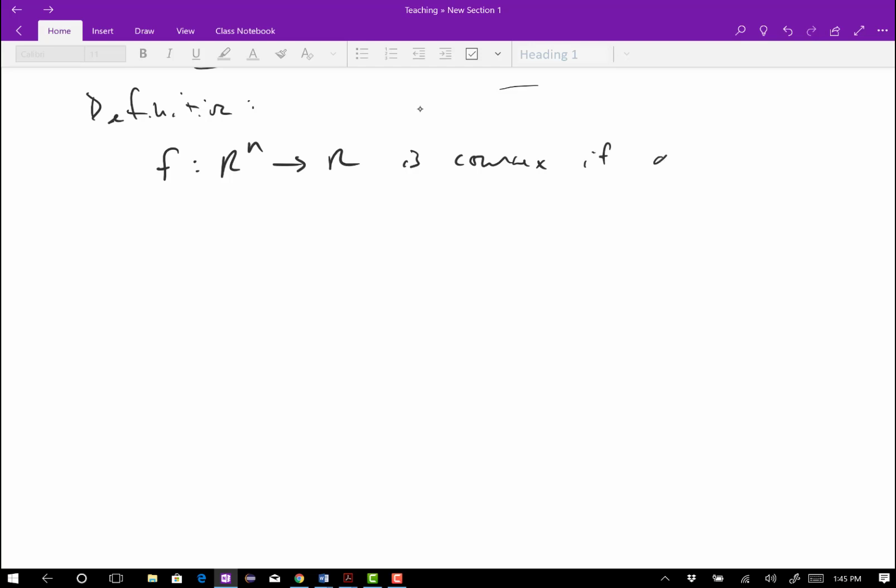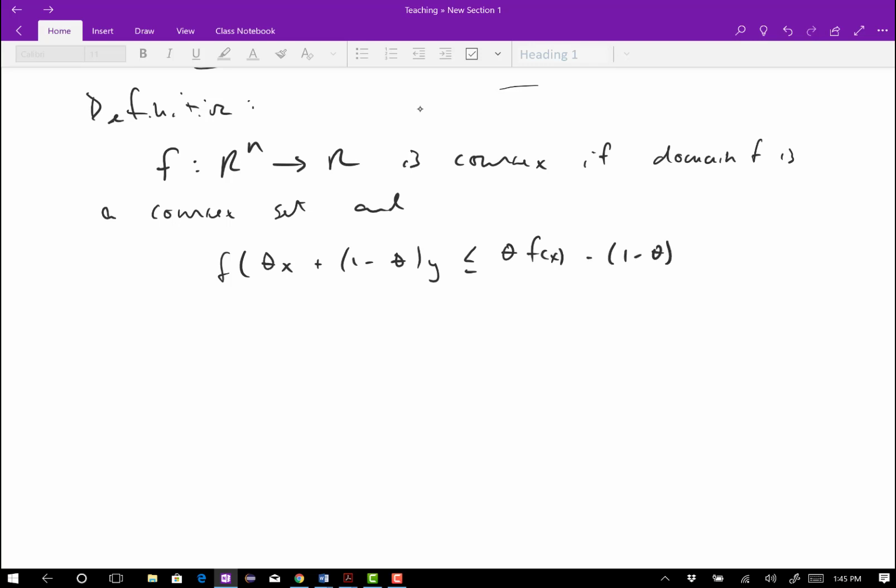One, the domain of f is a convex set. And the following holds: f of theta x plus 1 minus theta y is less than or equal to theta f of x plus 1 minus theta f of y.